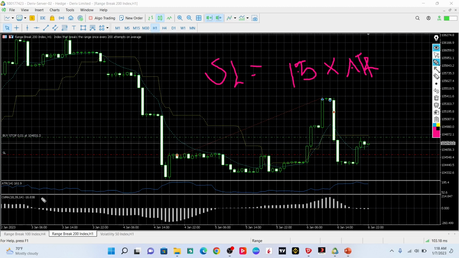This ATR value is always here, it is the ATR reading. That's how we use the ATR indicator.